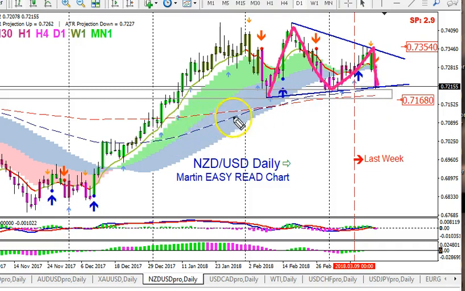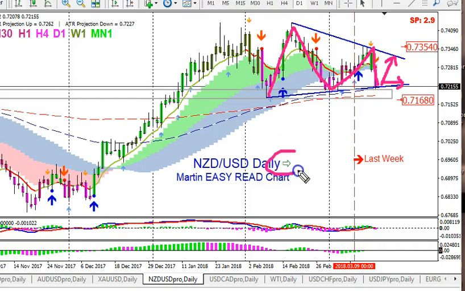And we have the blue dash line, which is the 89 moving average. So with all this confluence, when you have all these clues together at the same place, it's called the confluence of evidence. And right now I'm favoring price to either go higher again or sideways.